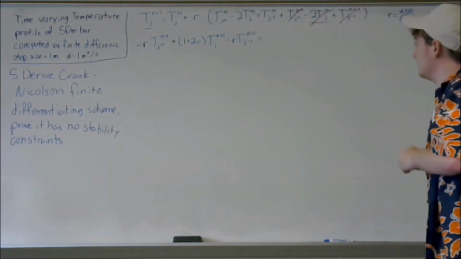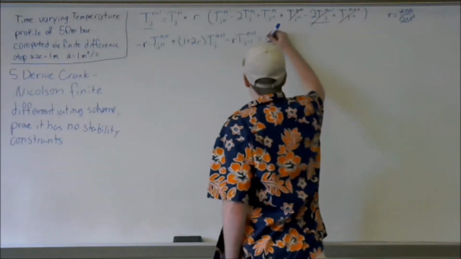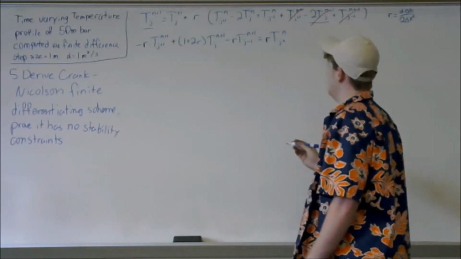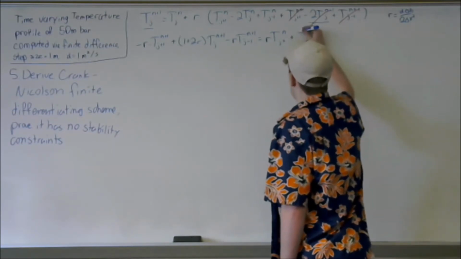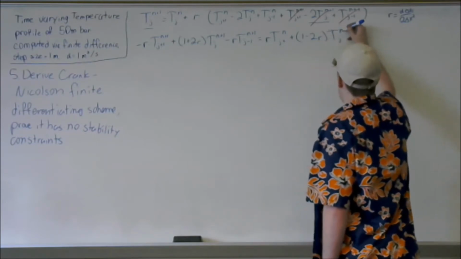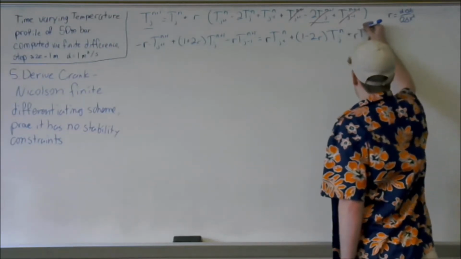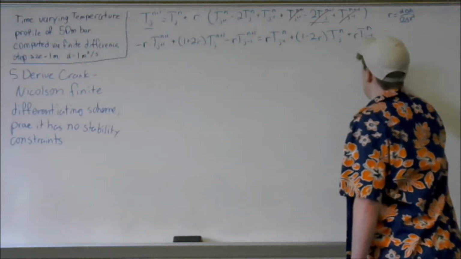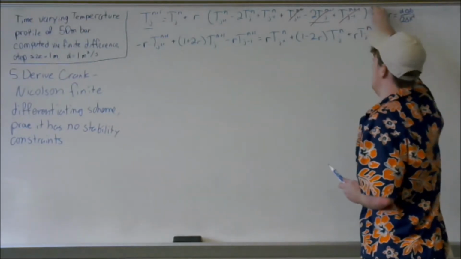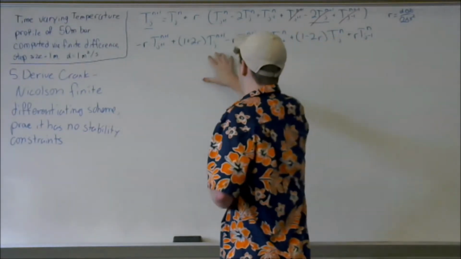Now on the right side, we've got r T_{j+1}^n, and then a plus (1 - 2r) T_j^n, and then plus r T_{j-1}^n. Just like that. So what we've done is we've taken this equation up top and separated it between the two values for our times.